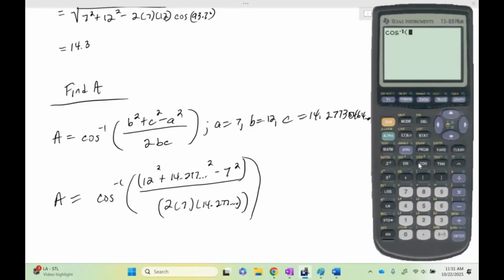Arc cosine, begin parentheses, 12 squared plus C squared minus 7 squared, close off the numerator, divided by, open up a set of parentheses for the denominator, 2 times 7 times C, close off.